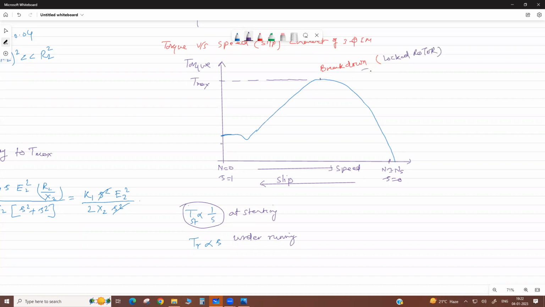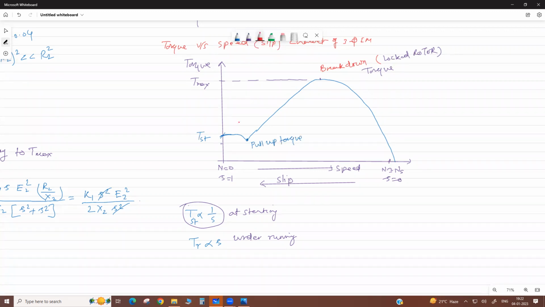This is your T starting at speed 0, the starting torque. This is the pull up torque.